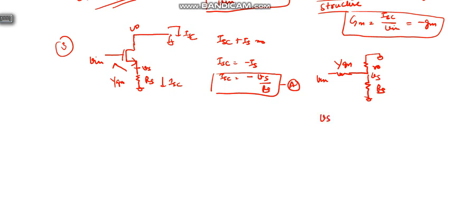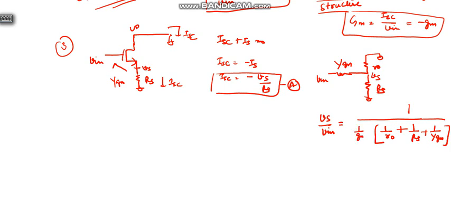So VS upon V in is given by, we add all resistances inversely, all in parallel, RS plus 1 divided by 1 by Gm, and whichever resistance is connected with V in comes here like this.